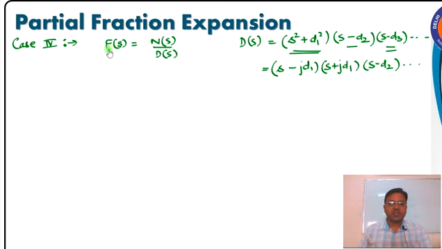That means using this I can write this expression in the expanded form as n1 divided by s minus j d1.